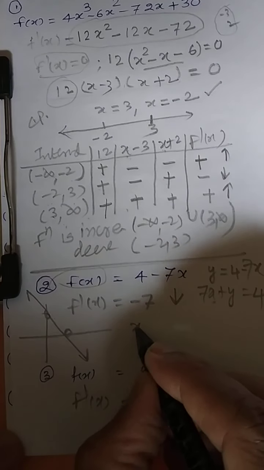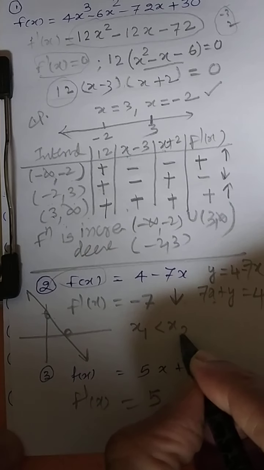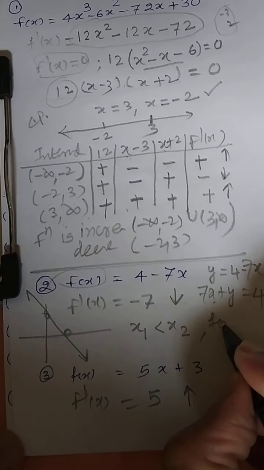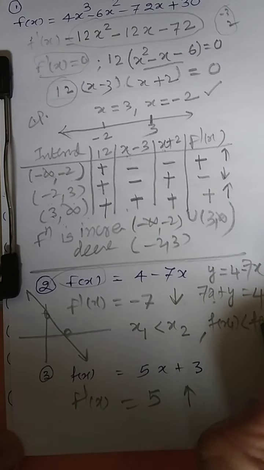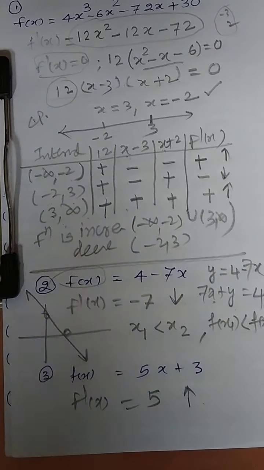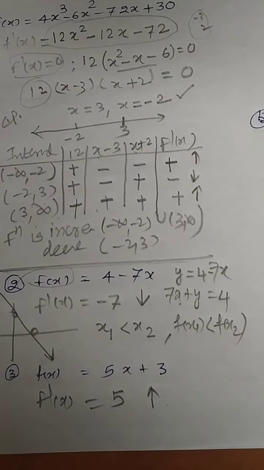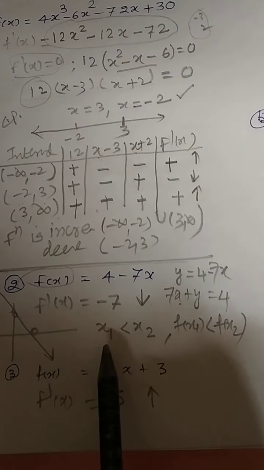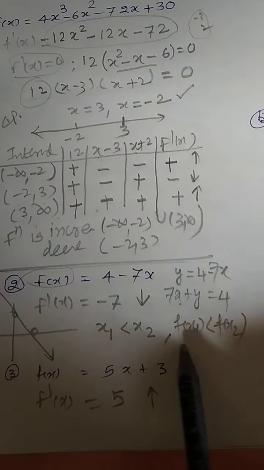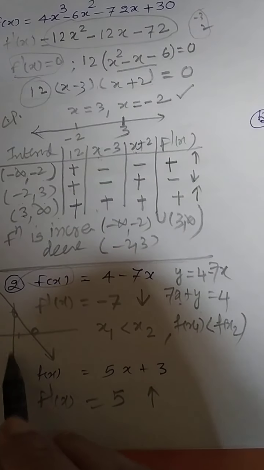There is one more approach. If x1 is smaller than x2, then f of x1 is smaller than f of x2. This will give you the function is nothing but what? Let me just tell you how to talk about this one. x1 is this one, x2 is over here.